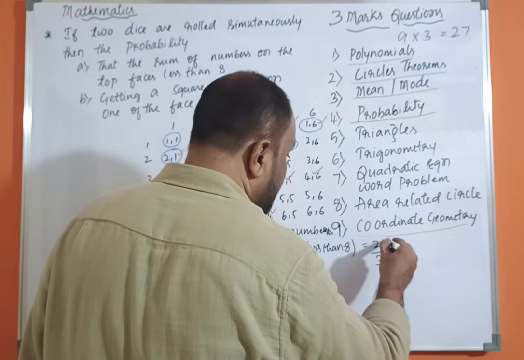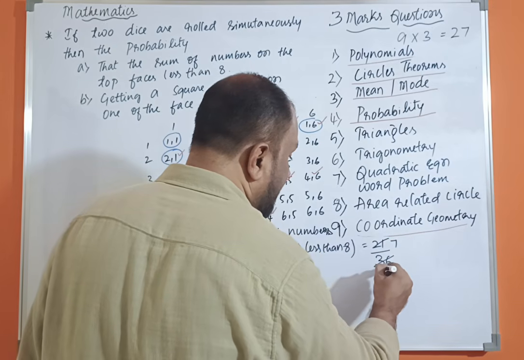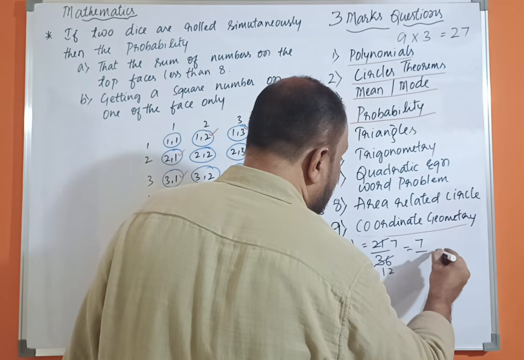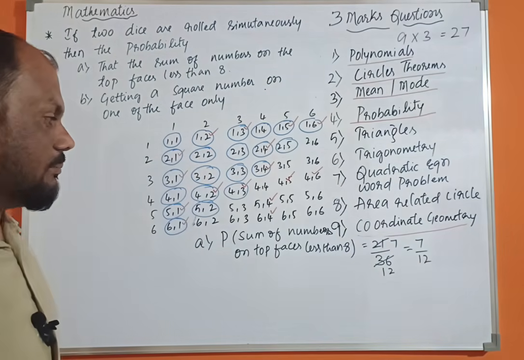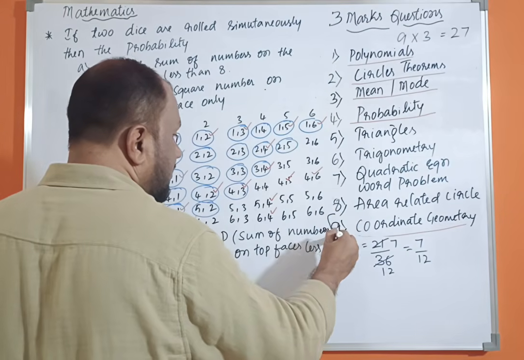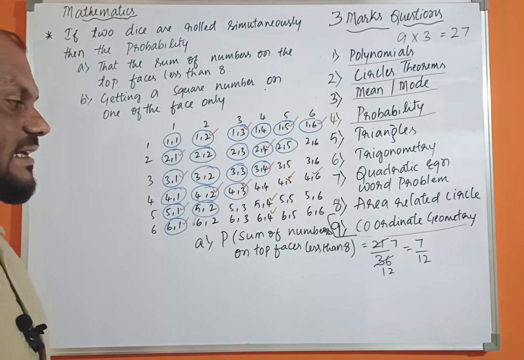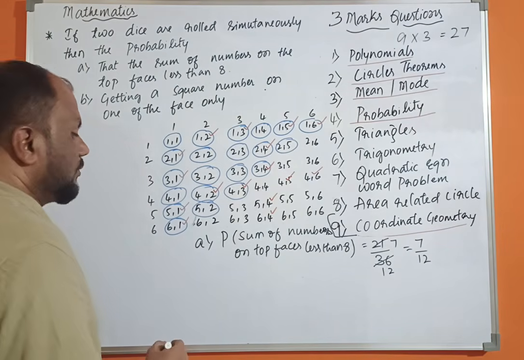We try to divide. 7 by 12. So P of sum of numbers on the top faces less than 8 is equal to 21 by 36. That is nothing but 7 by 12.